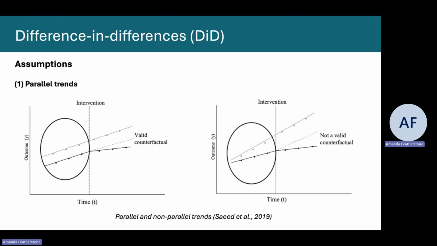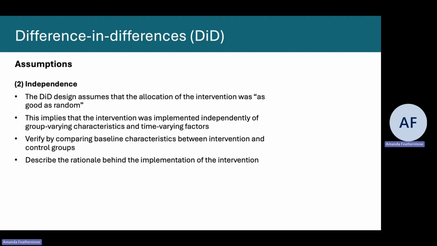In some cases, visual examination of parallel trends is not sufficient, and regression-based methods could also be used. Another assumption to consider in difference in differences analysis is the independence assumption. The difference in difference design assumes that the allocation of the intervention was as good as random.